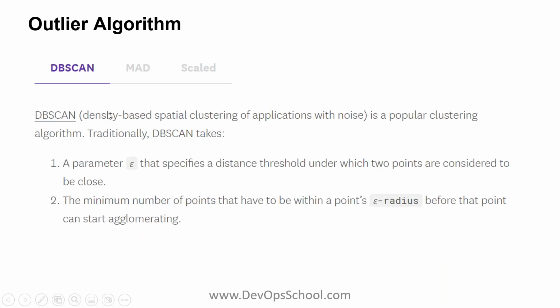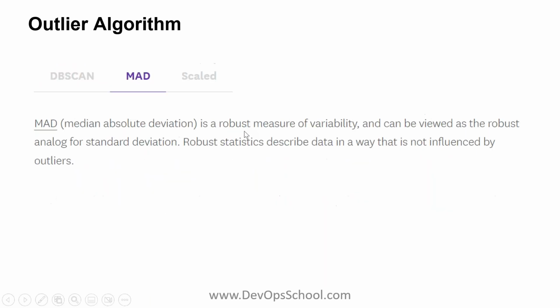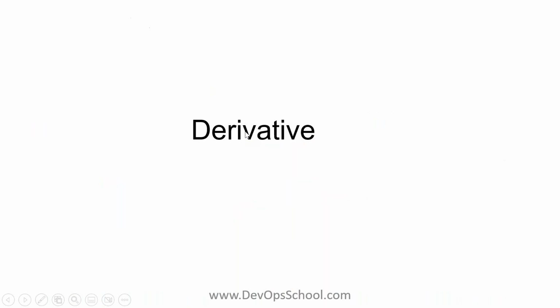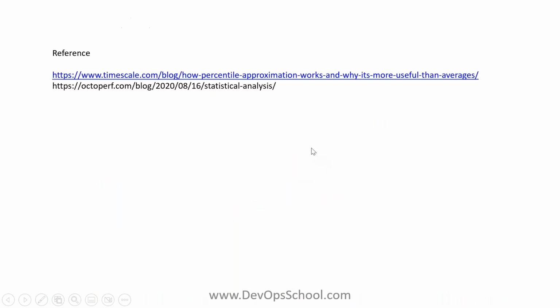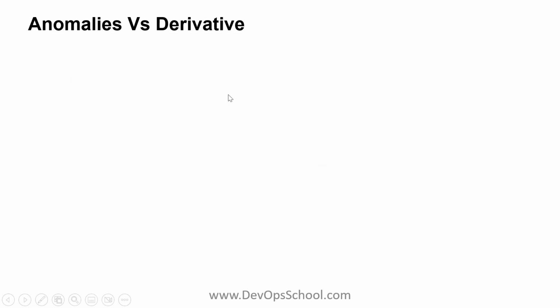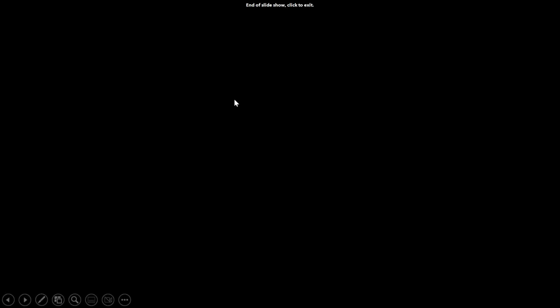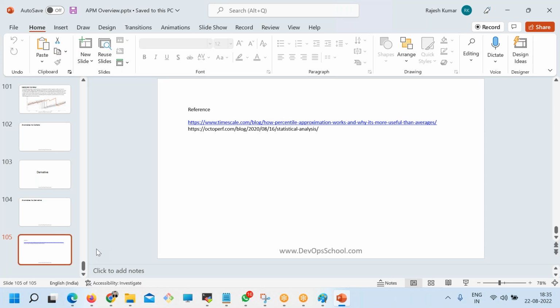These are the algorithms we have for outliers: DBSCAN, MAD, and scale. Derivatives, we have to understand what a derivative is, and anomalies versus derivatives also. I did not want to scare you with so many algorithms initially, but once we start doing it, we'll have better confidence.